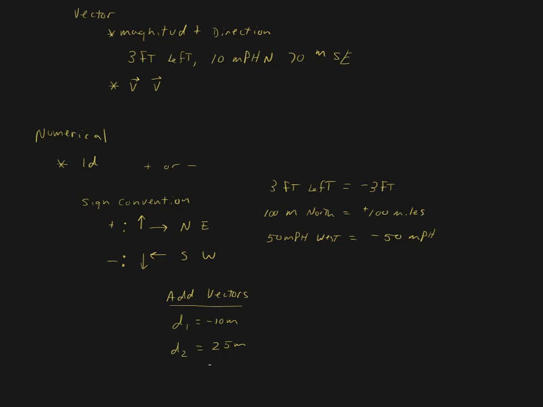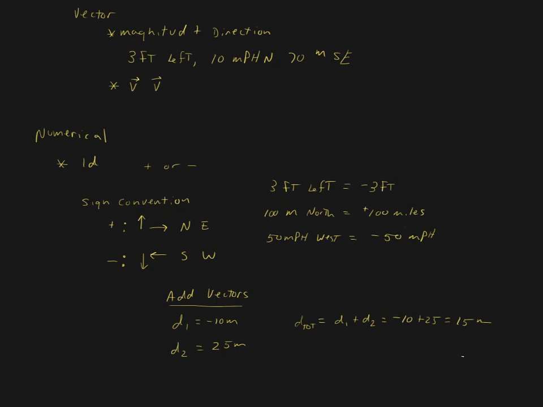If this happened to be for vertical motion, then 25 meters would be up and the minus 10 meters would be down. So if I want to find the total displacement, d total is just equal to d1 plus d2, which is minus 10 plus 25, or plus 15 meters. And again, if we're saying that we're moving left and right, then this is going to be 15 meters to the right.